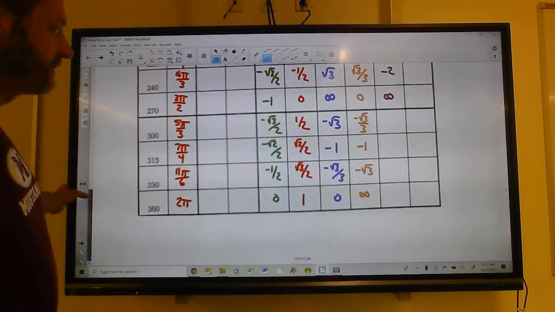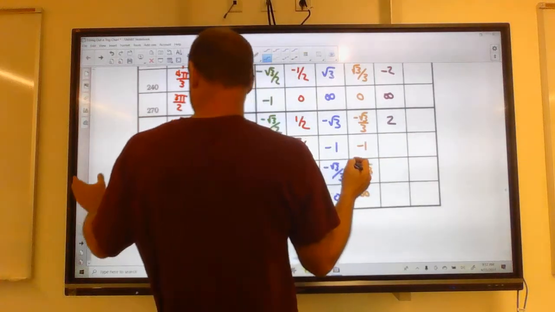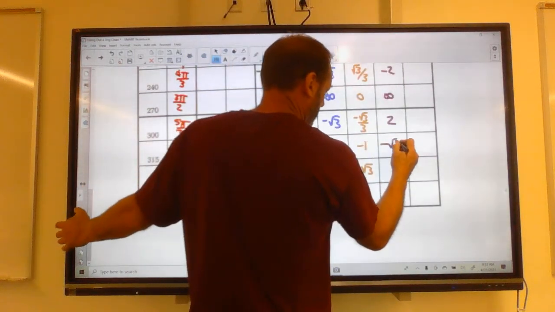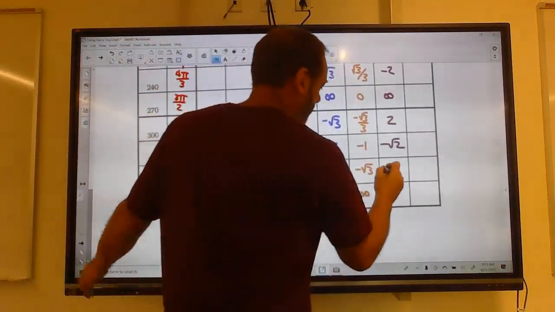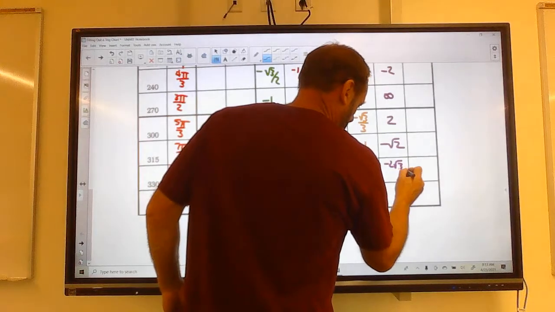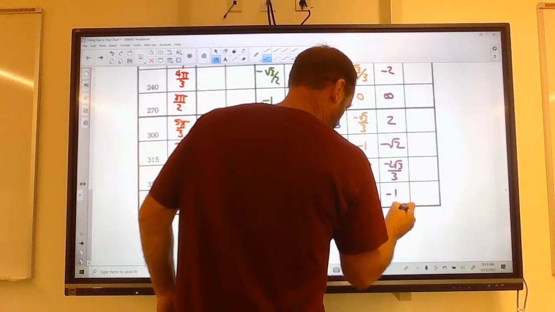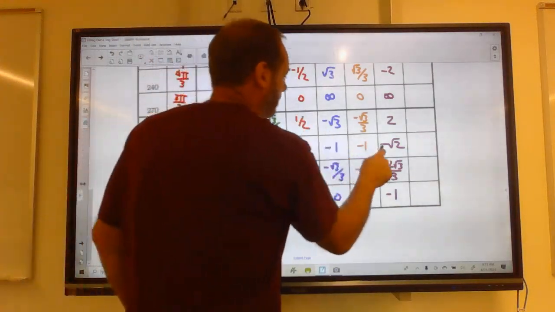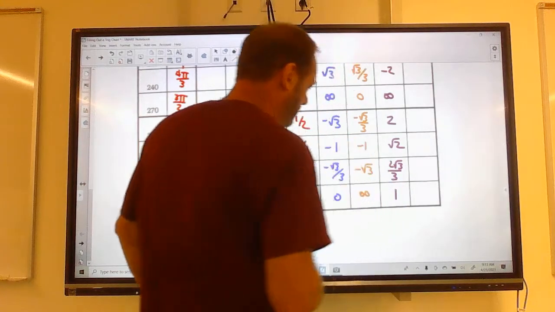And the last quadrant is going to be positive. So it's going to be 2. And it's going to be negative square root of 2. And negative 2 square root of 3 over 3. And we're back to negative 1. Wait, those should be positive. I don't know where I got negatives from. I looked at the wrong column, I guess. There you go.